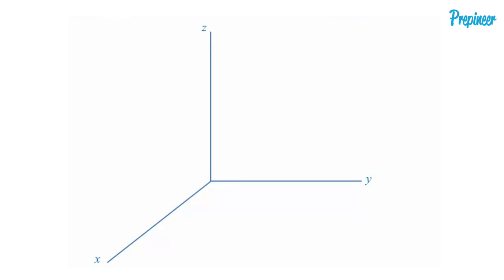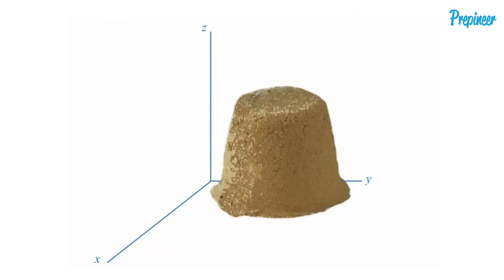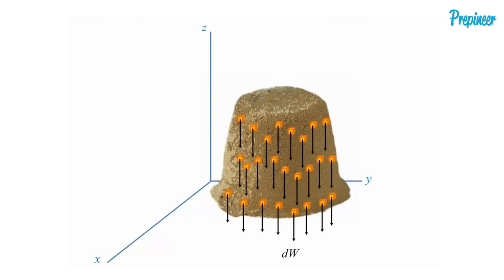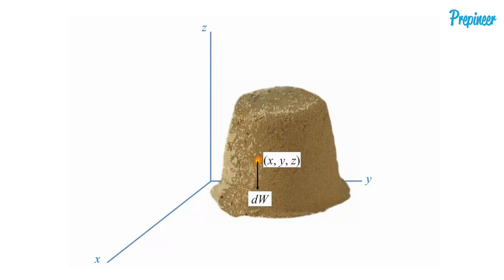Since location is always described in relation, we need to first put the rigid body into a fixed coordinate system. And again, the body is made up of infinite number of particles with differential weight dW. We first want to find out the resultant moment caused by this distributed load about the x-axis. So we start with an arbitrary particle located at the arbitrary position given by the coordinates x, y, z, and the moment caused by its weight dW about the x-axis is calculated by dW times the moment arm, the perpendicular distance to the xz plane.